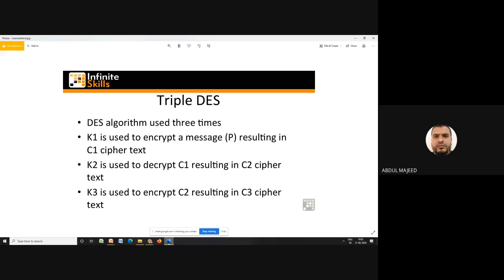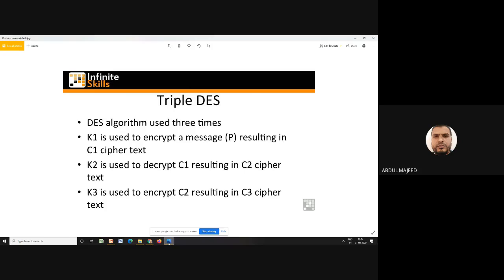So in the first stage we are encrypting the plain text P by using the key K1. Then it will produce the ciphertext C1. That ciphertext C1 will be used as input in the second stage, that is decryption. C1 will get decrypted.